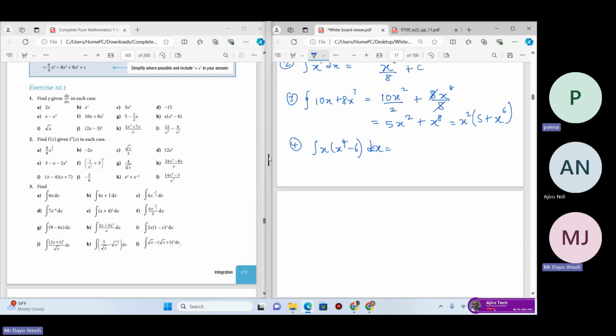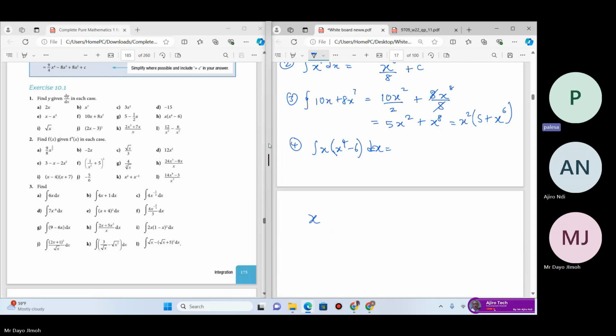Now, can you see that there is x outside the bracket, right? Yes. That means that this x will multiply into the bracket. Okay? So for this kind of question, it is best you expand the brackets. If you don't expand these brackets, it will become difficult for you to solve. So expand the bracket.